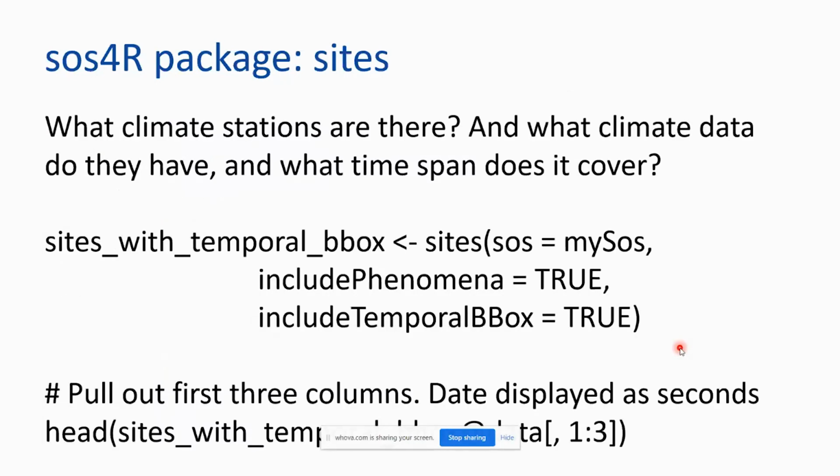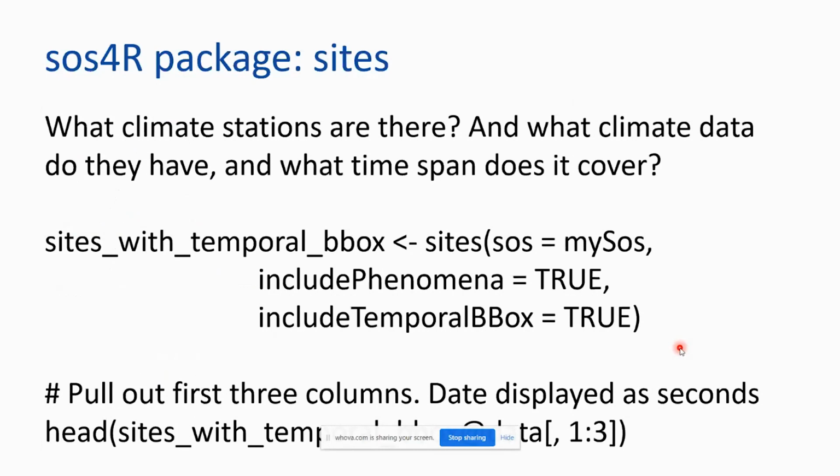Now, as with before, when you're exploring what phenomena were there, i.e. what climate data was available, and you had a function called phenomena, well, with sites, you can extend what you ask from it and it'll give you further information.